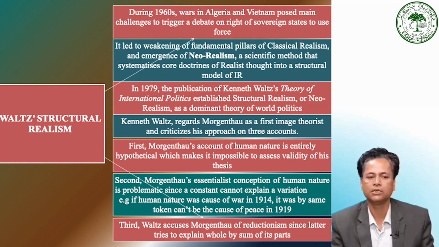During the 1960s, wars in Algeria and Vietnam constituted the main sources of challenge that triggered a discussion on the legitimate right of sovereign states to use force in international relations. There was a war in Vietnam between North Vietnam and South Vietnam on the question of communism.